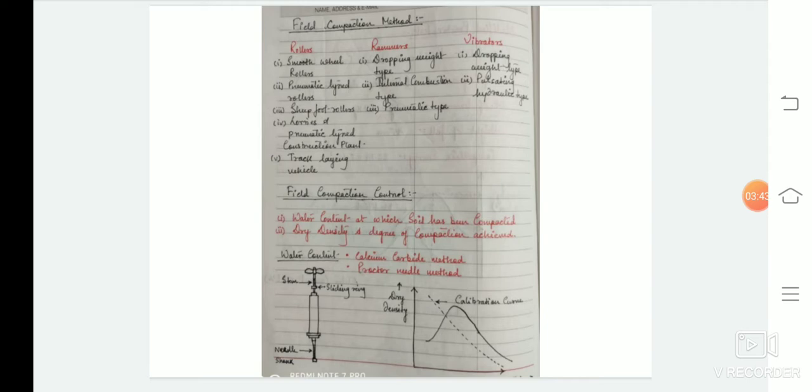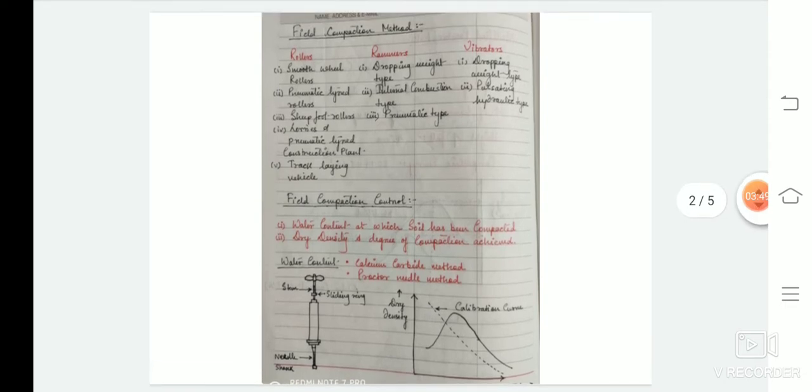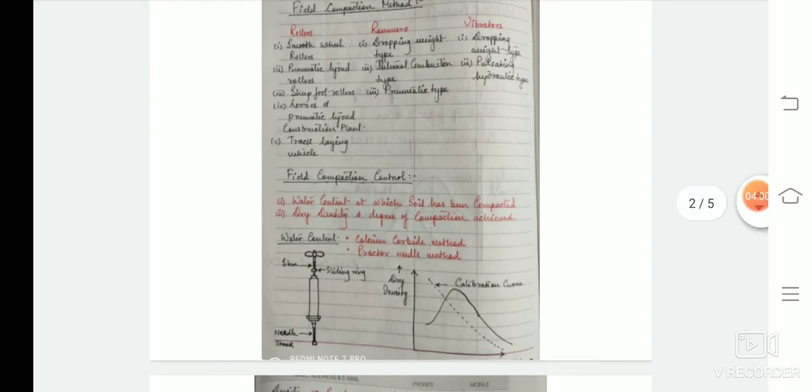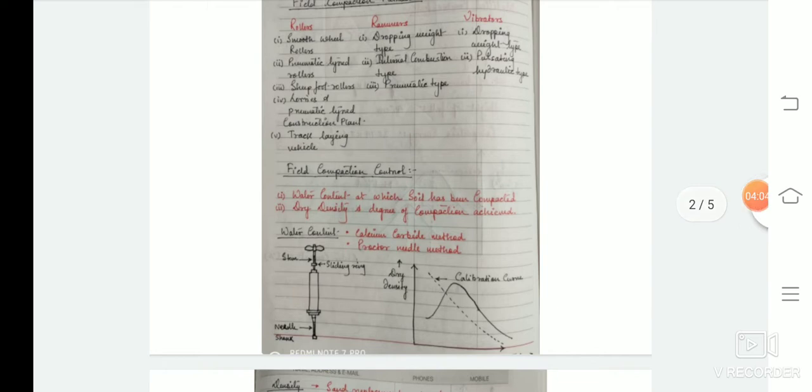Corresponding to this, the various compacting equipment can be grouped into 3 categories: roller category, rammer category and vibrator category. The rolling equipment is of 5 types: smooth wheel rollers, pneumatic tired rollers, sheep foot rollers, lorries and pneumatic tired construction plants, and track-laying vehicles.